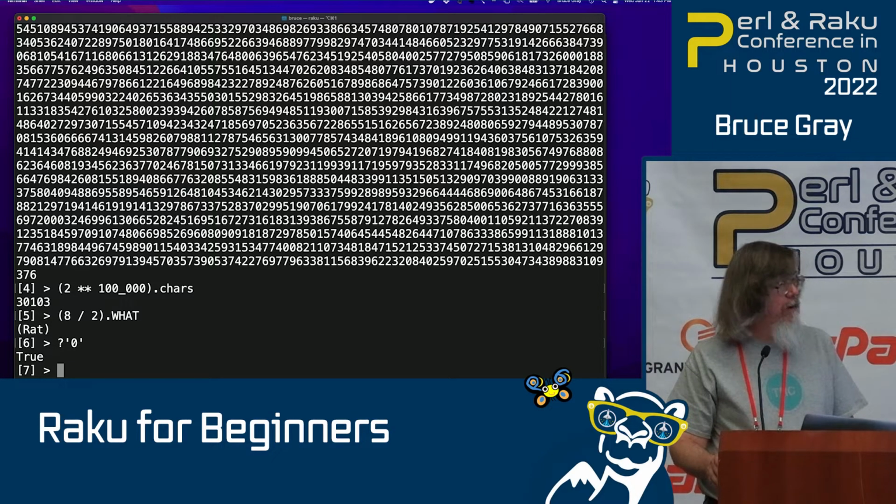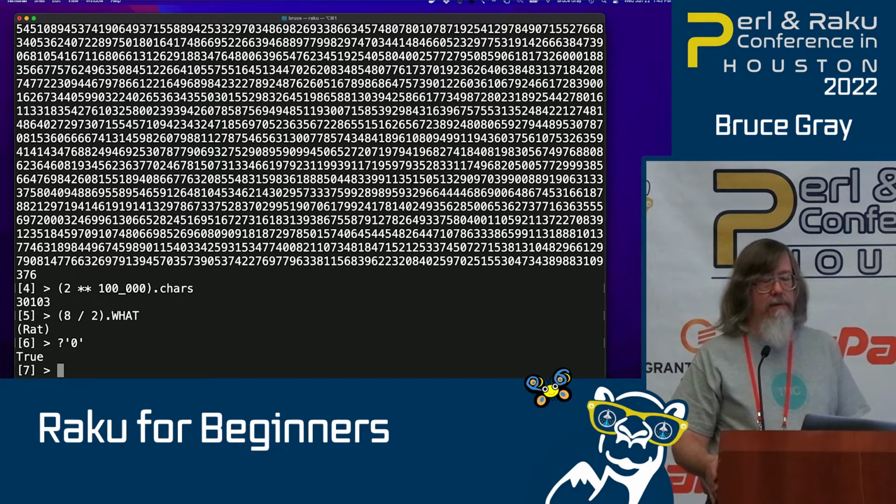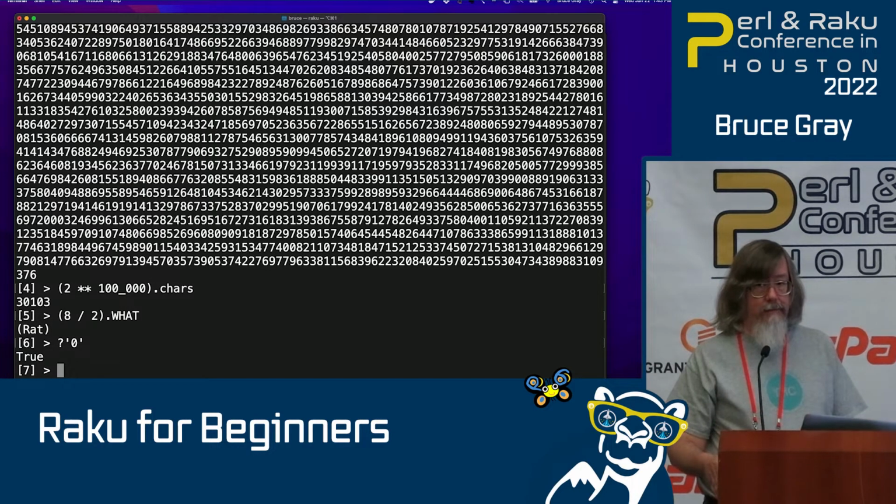In Perl, string 0 is just as false as numeric 0. And that's a source of bugs sometimes. And in Raku, the only string that is false is the empty string, which at least is consistent. It's less to remember.